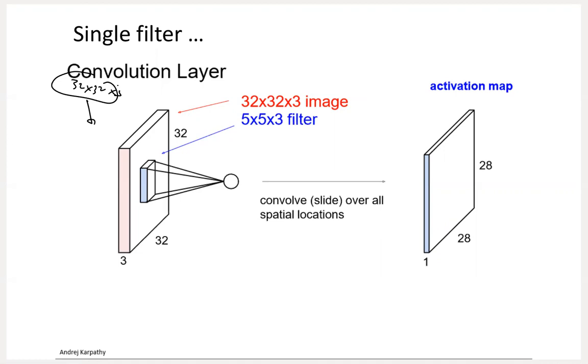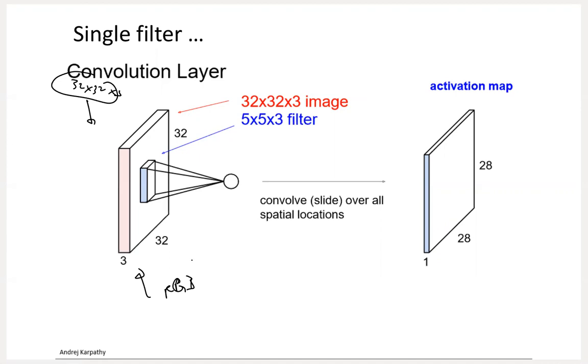Typically, when we filter in image processing and have an RGB image, so we have three different channels, we will have three different filters, each applied on a separate channel.